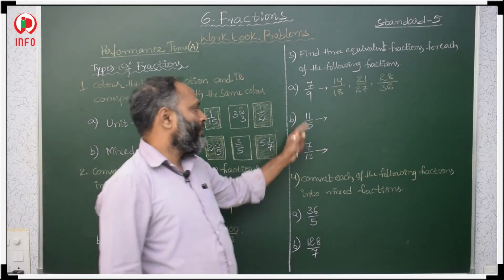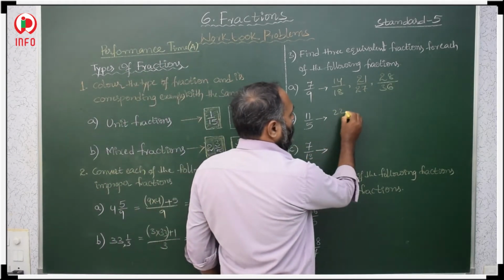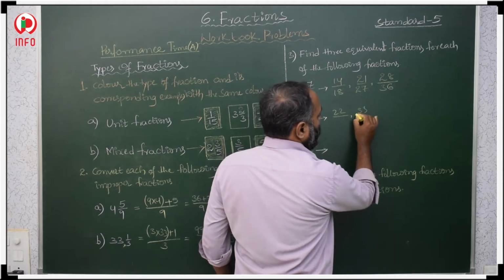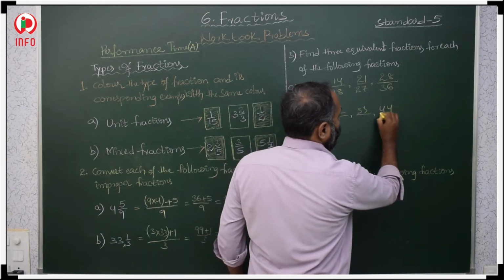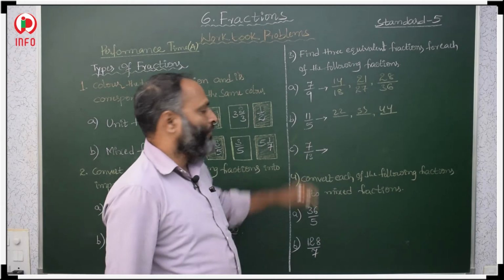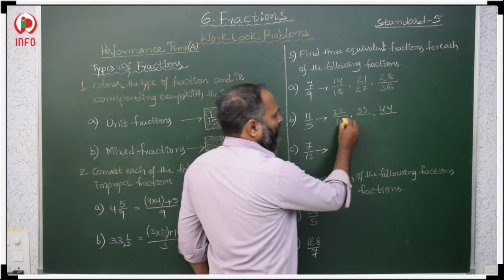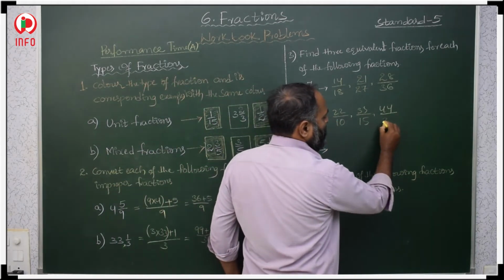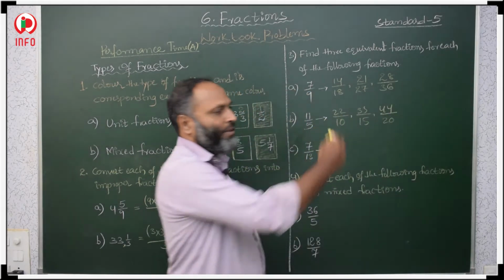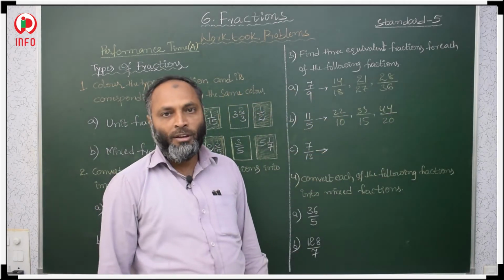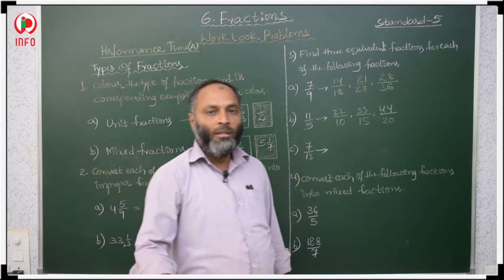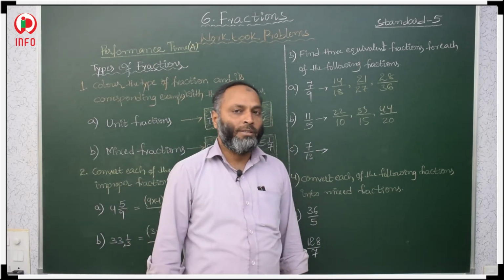In the same way we write 11 2s are 22, 11 3s are 33, 11 4s are 44. Then 5. 5 2s are 10, 5 3s are 15, 5 4s are 20. We have to multiply numerator and denominator by 2, 3, 4, then you will get equivalent fractions.